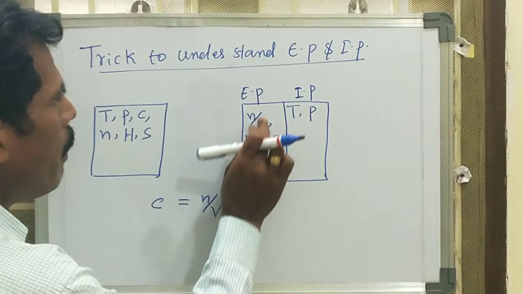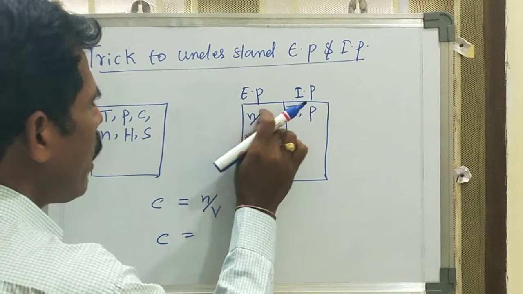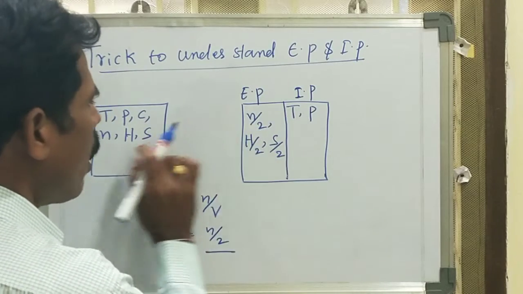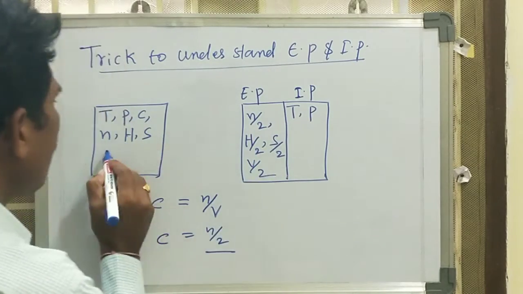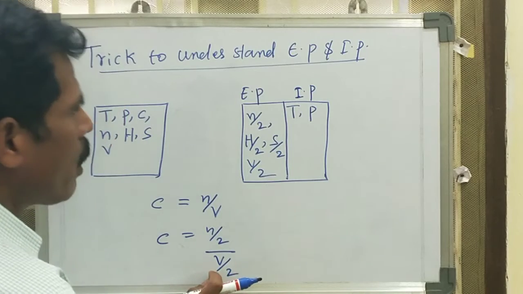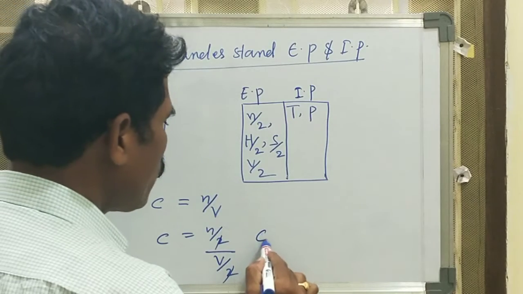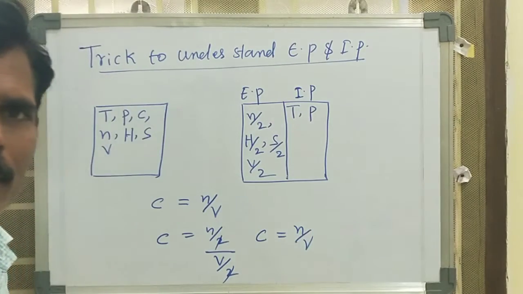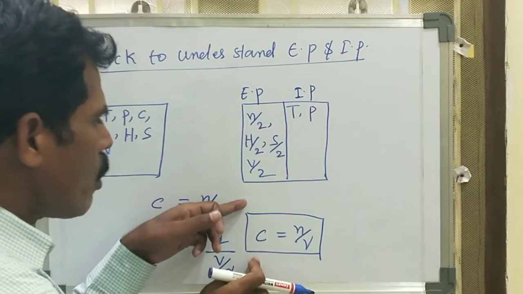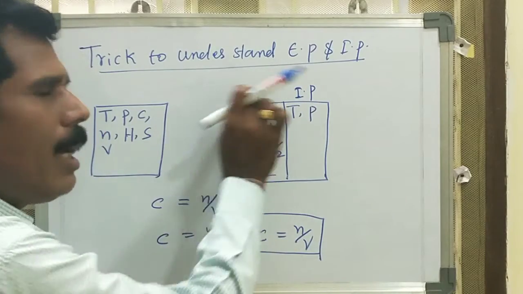Based on extensive and intensive properties, N becomes N by 2, divided by V by 2, because volume also gets halved. The 2 cancels, so we get C equal to N by V. So based on this calculation, the concentration does not change and does not depend on the mass.